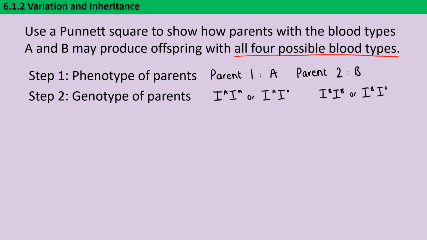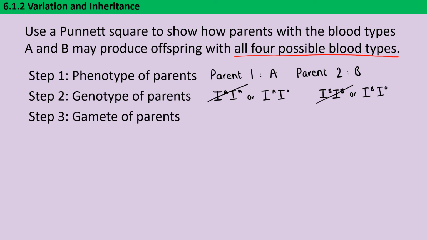However, the question has told us that these people have to be able to produce offspring with all 4 possible blood groups. So that tells me that I'm going to have one offspring who is blood group O, and that person is going to have to inherit the IO allele from both parents. So actually we can cross out the homozygous genotypes because we know that those can't be used in this instance.